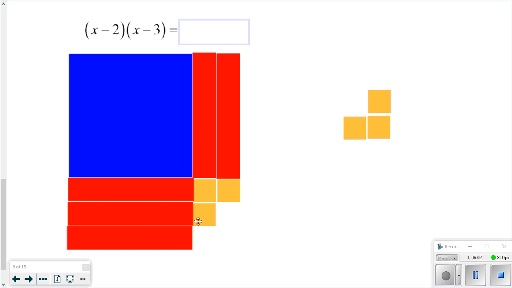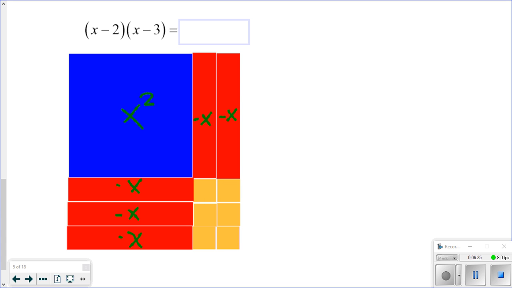And this is going to form a rectangle. And count them up. So we have 1x squared right here. These are negative x's. How many do we have?